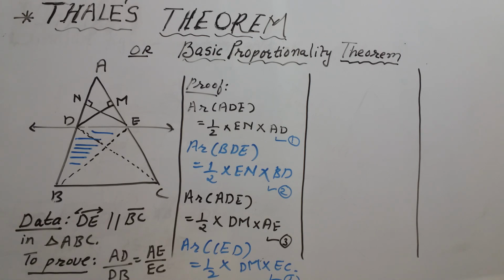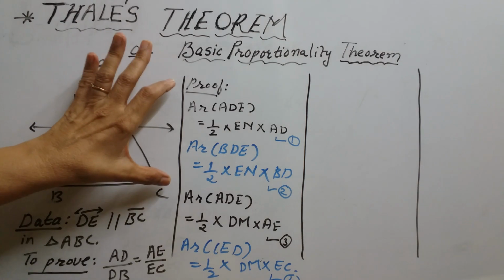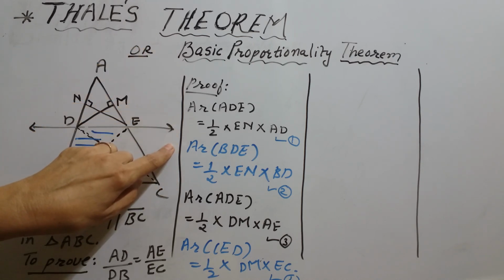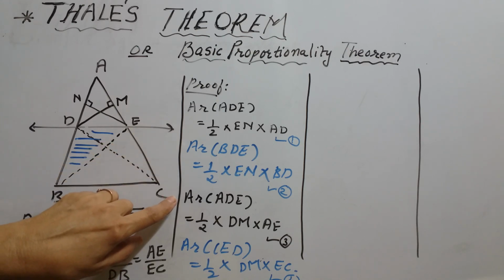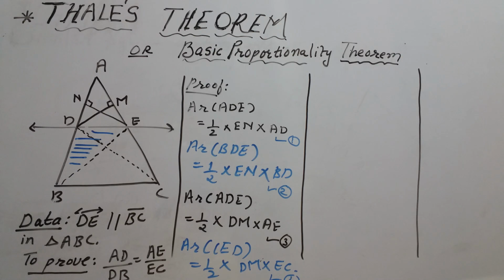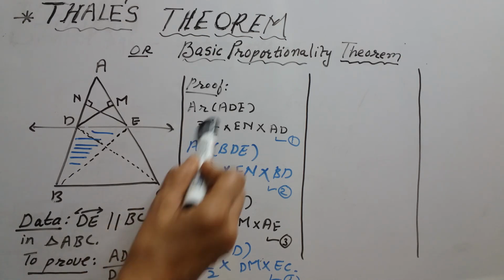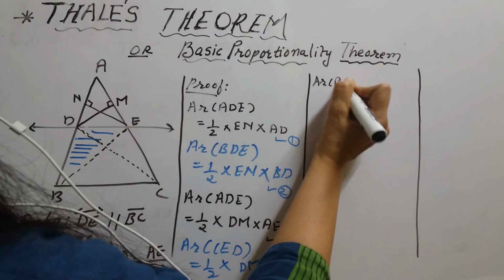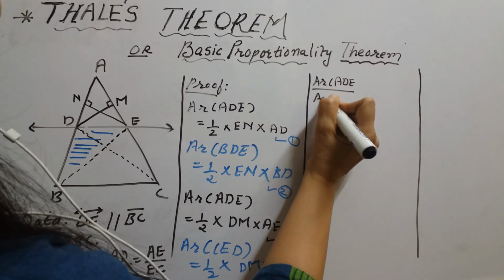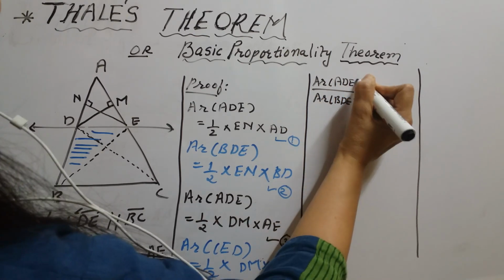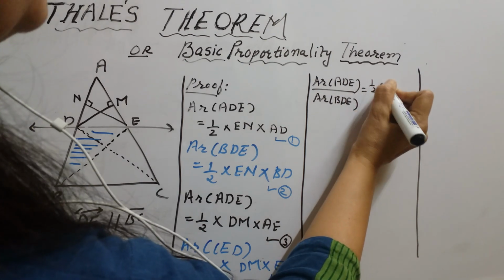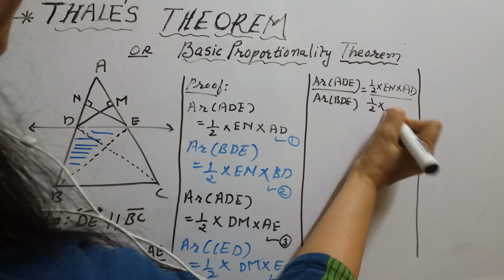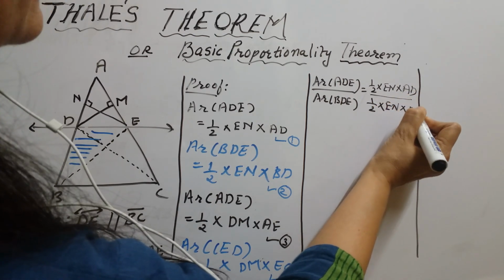Now what we are supposed to do: the areas with the same altitudes are to be taken in ratio. So I am taking area ADE by area BDE, and the second time I will take area ADE by area CED. As I take the ratio of area ADE by area BDE, I have area ADE by area BDE equal to half into EN into AD upon half into EN into BD.